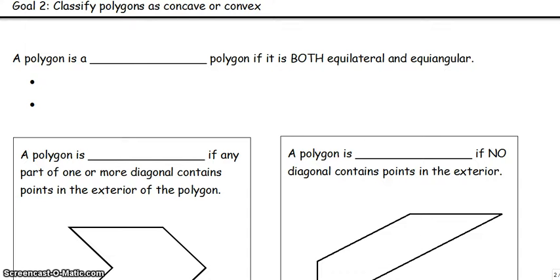A polygon is regular if it is both equilateral and equiangular. If you recall from last chapter, equilateral means all the sides are the same. So in this case, the polygon is a regular polygon if all sides are the same length.